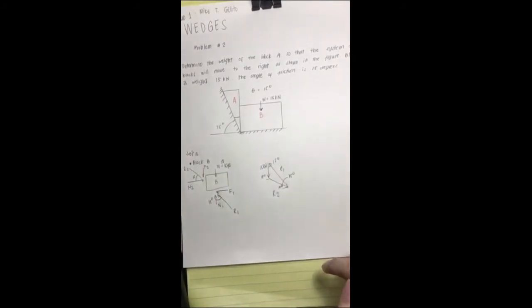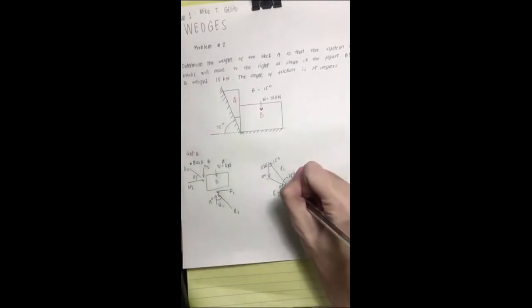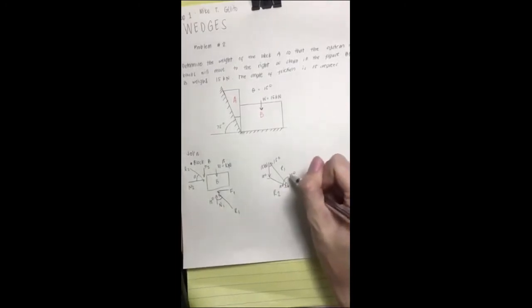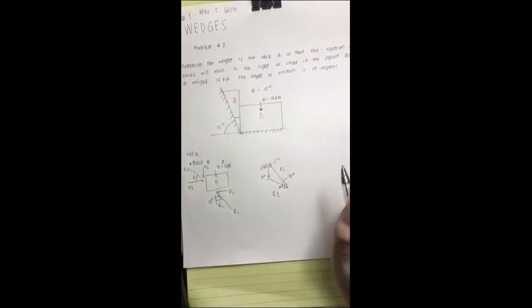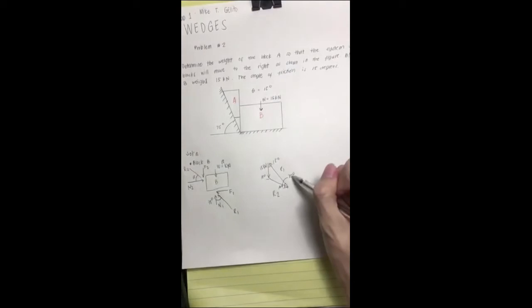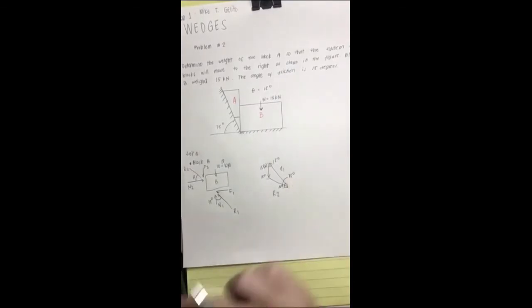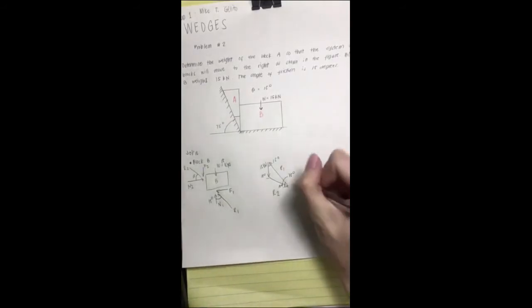And then we're also gonna find the angle between this angle, and to find that we're gonna subtract 15 from 75. So 75 minus 15 is equal to 60 degrees.